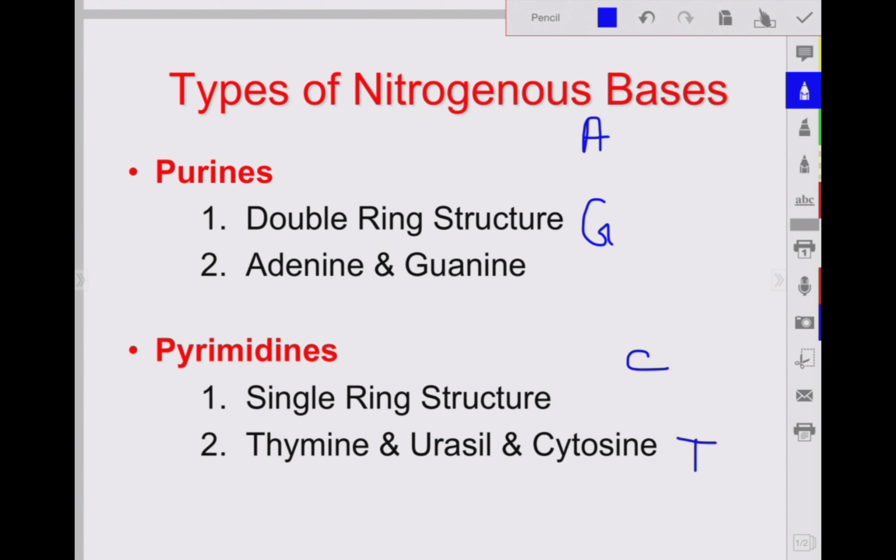Now, these are double ringed. So that's an important point. And the pyrimidines, well, they have a single ring structure. Now, there is a sneaky one being mentioned down here. Right here. Uracil. And you're wondering, hey, why haven't you written in U?